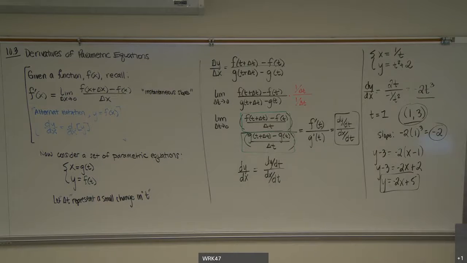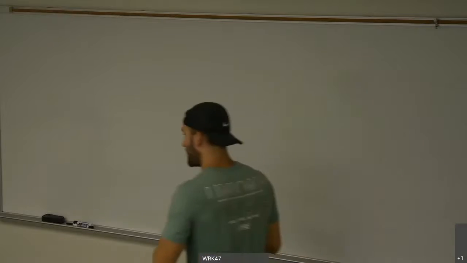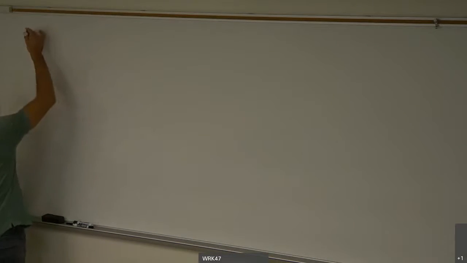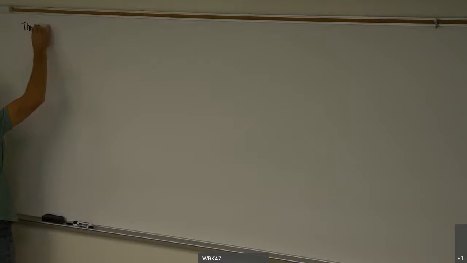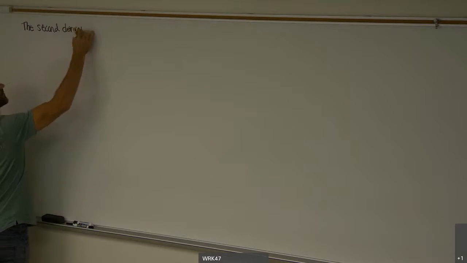Now we want to extend this because, of course, in Calc 1, you don't just talk about the first derivative, you also talk about the second derivative. And so let's explore a little bit for a second, how would we take the second derivative? And now we're going to try and understand the true pattern that's going on. So what about the second derivative?